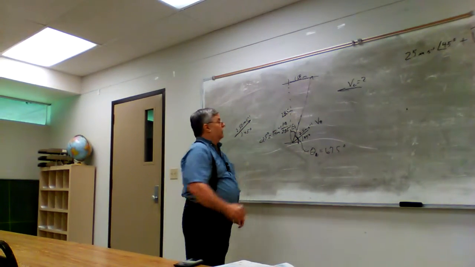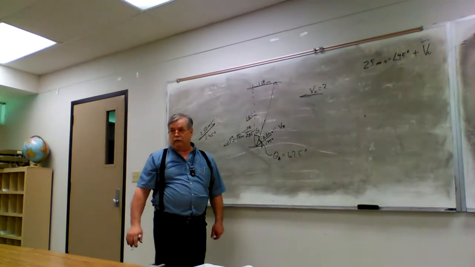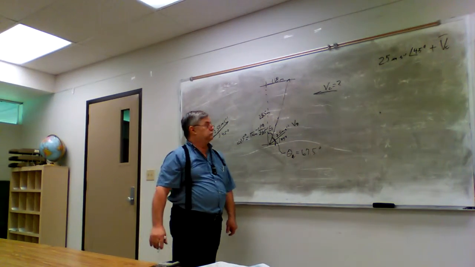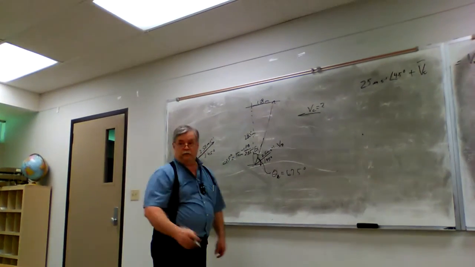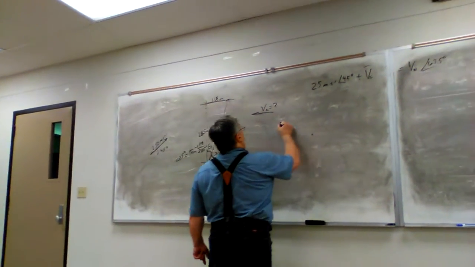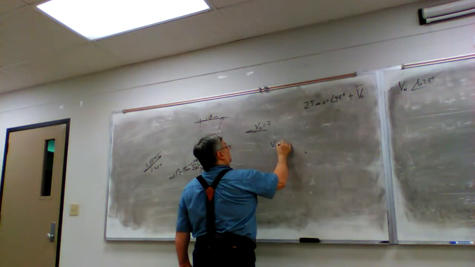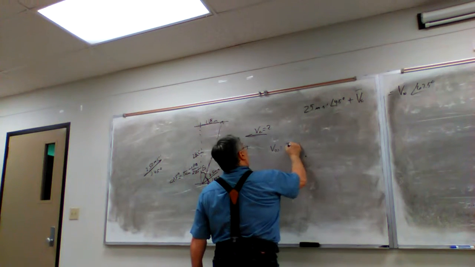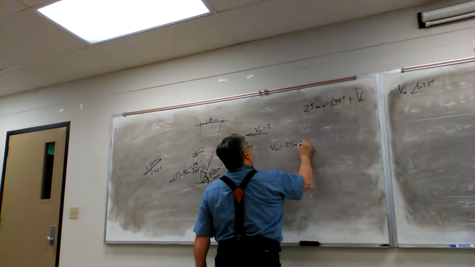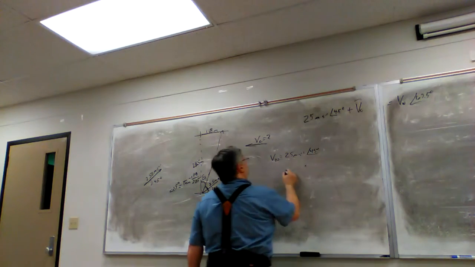Well, let's start by converting our velocity of the boat into rectangular components. The velocity is 2.5 meters per second at an angle of 45 degrees.